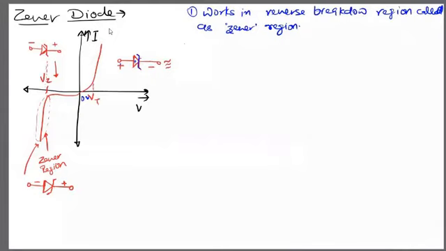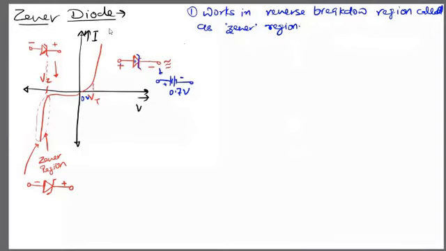If you apply positive voltage on the positive and negative voltage on the negative terminal, the diode will be forward biased, and in that case it will be equivalent to a source of 0.7 volt if it is made of silicon material.